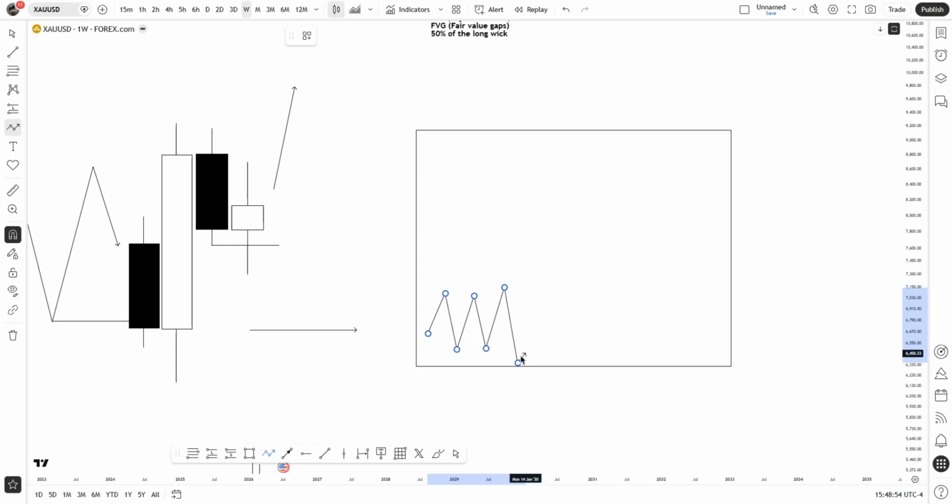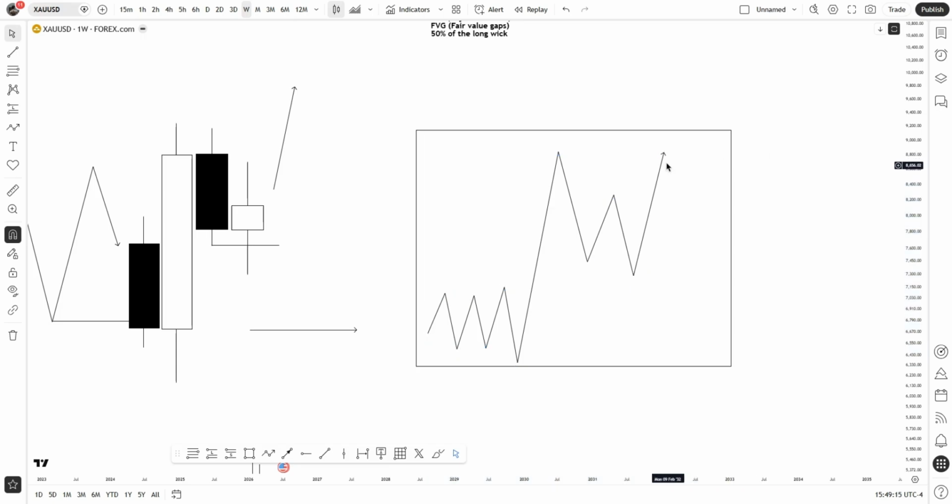Then after a stop hunt, they fly high. They break the consolidation area, and whenever the market breaks the consolidation area, we are looking for it to come back into the consolidation area to create another range. Then after this range, we can trade toward continued highs. So this will be our range.